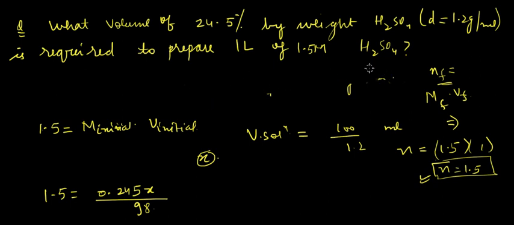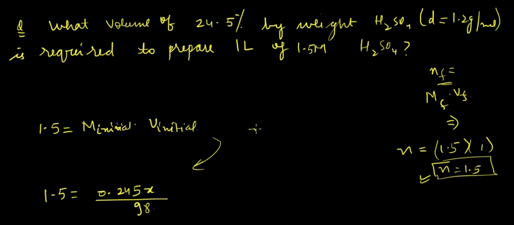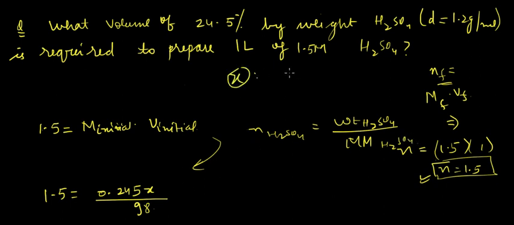We don't need that. That could be one of the approaches to solve, but a simpler approach is directly going by the fact that the number of moles of H2SO4 equals weight of H2SO4 divided by molar mass of H2SO4. Okay, moles is 1.5 equals, let x be the mass of solution.